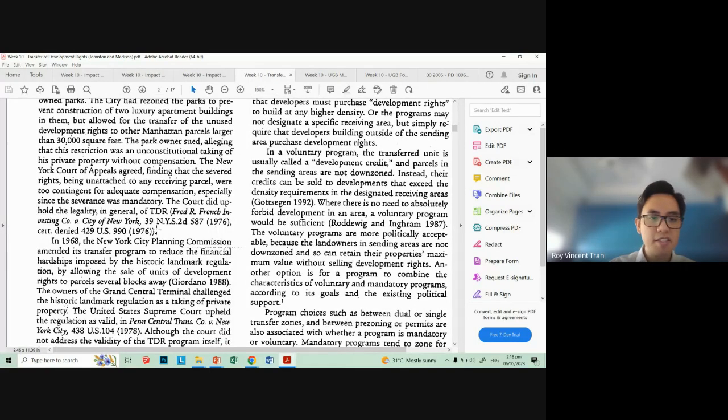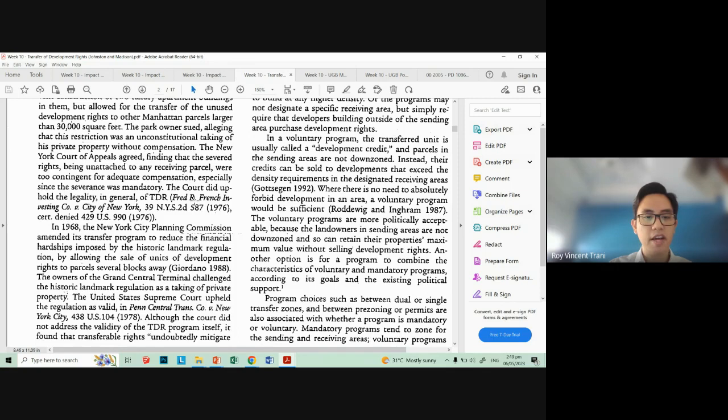And then in 1968, the New York City Planning Commission amended its transfer program to reduce the financial hardships imposed by the historic landmark regulation by allowing the sale of units of development rights to parcels several blocks away. The owners of Grand Central Terminal challenged the historic landmark regulation as a taking of private property.